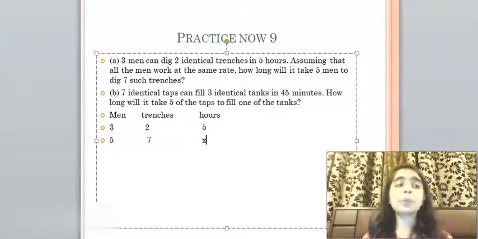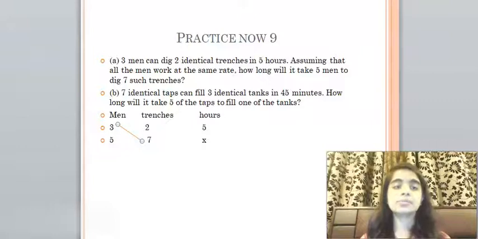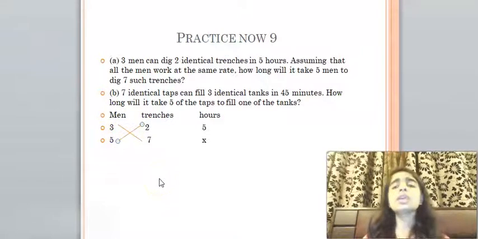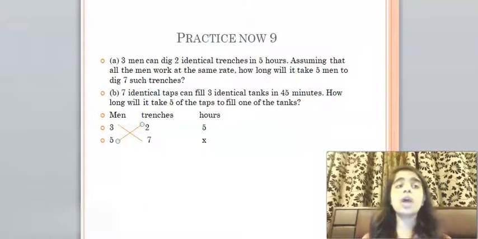So in direct proportion, what do we do? We cross multiply. So we will cross multiply this. Then it's trenches and hours. What do you think is trenches and hours? Yes, it is direct proportion again, because when I increase the number of trenches, my work will increase and my time will also increase.